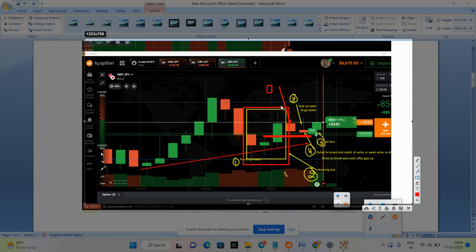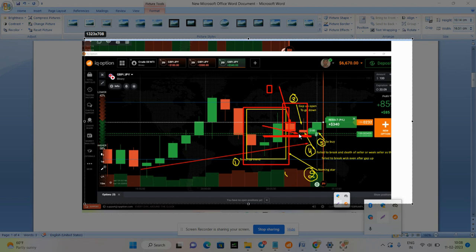Now, if we focus on these two candles, see what is there. There is a very interesting point: the first candle tried to retest, this candle tried to retest, failed, and the next candle opened with a gap up. That is a very beautiful point here.